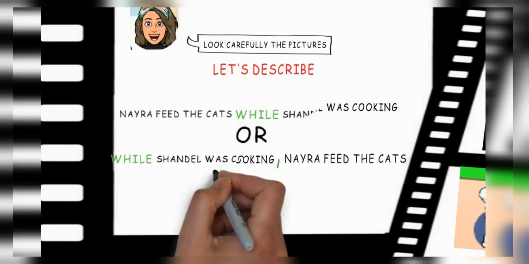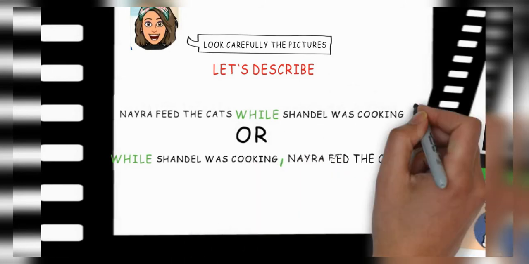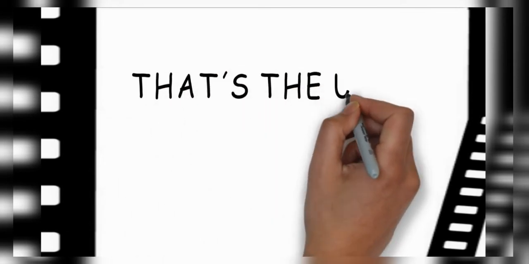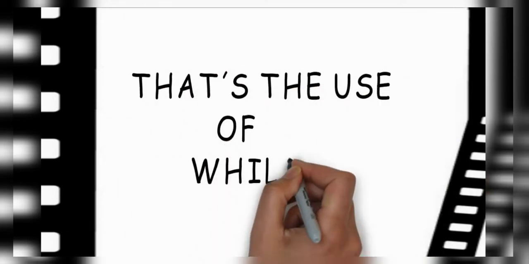Naira fed the cats while Chandel was cooking, or while Chandel was cooking, Naira fed the cats. That's the use of while, and those were the examples.